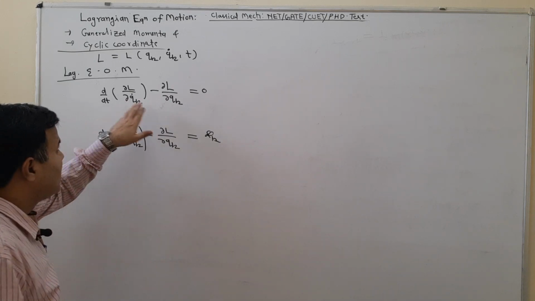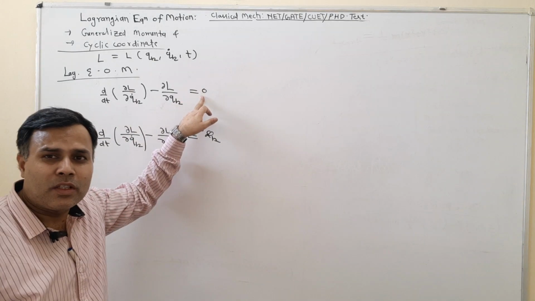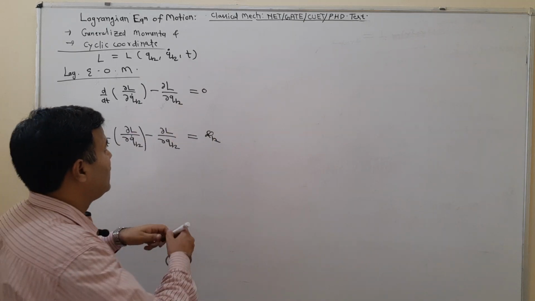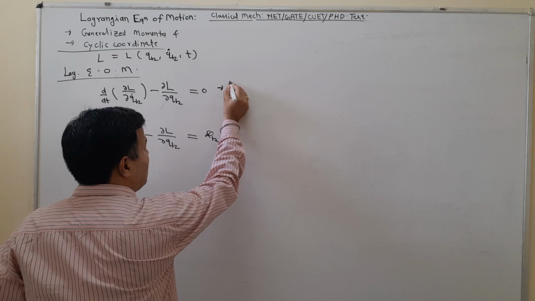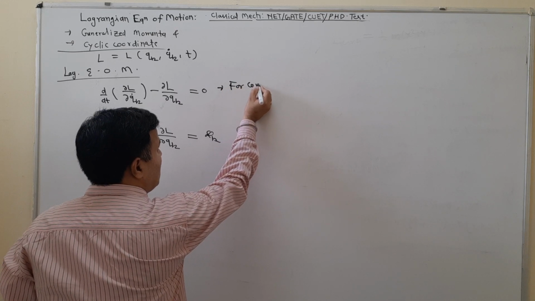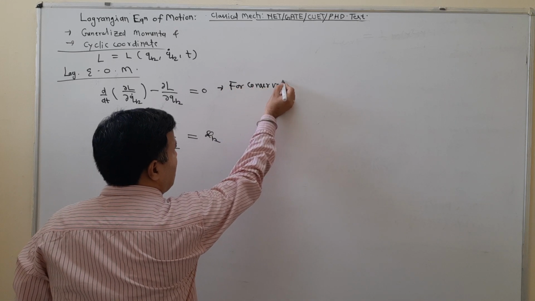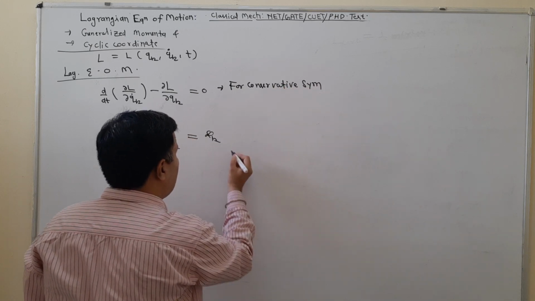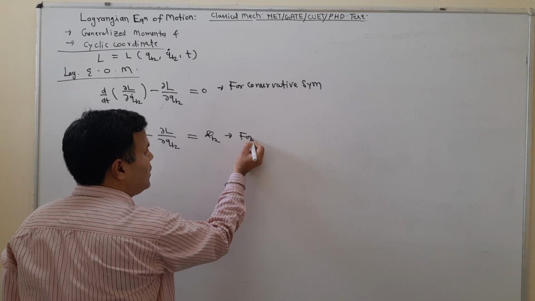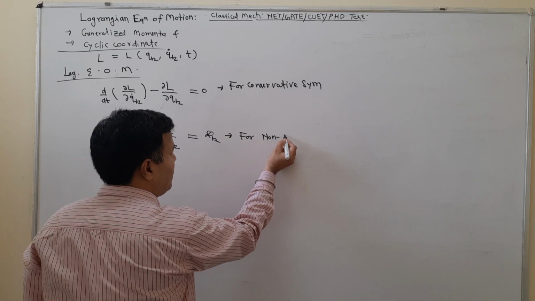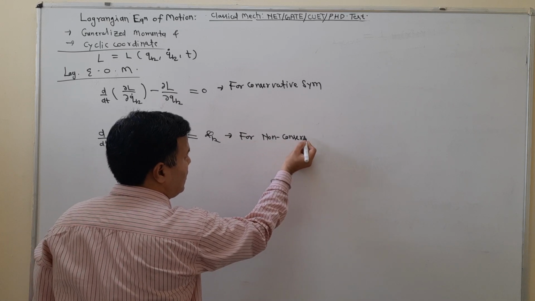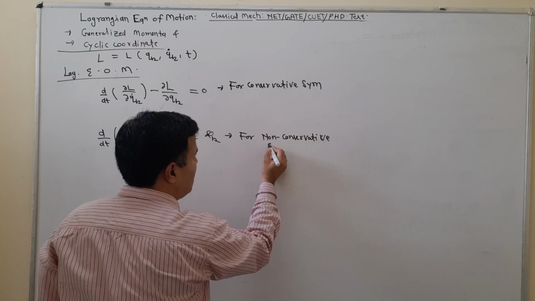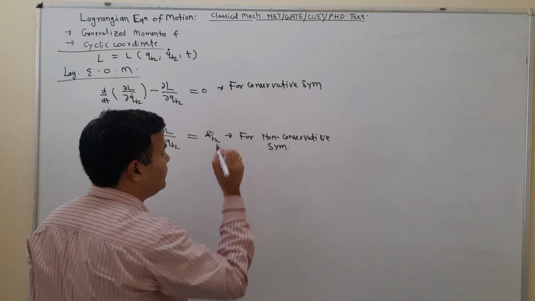So this is for a conservative system. We have two different kinds of Lagrangian equation of motion. This is for a conservative system, and this is for a non-conservative system.